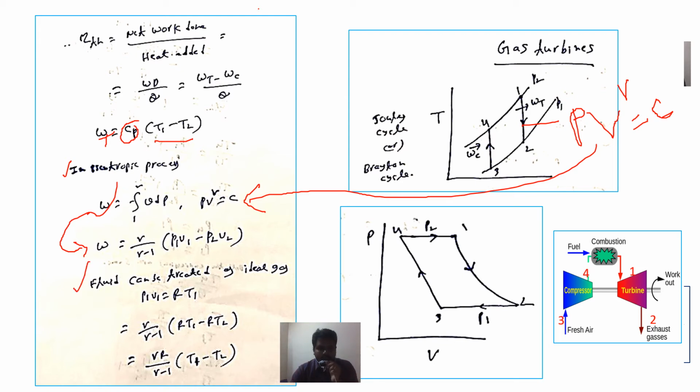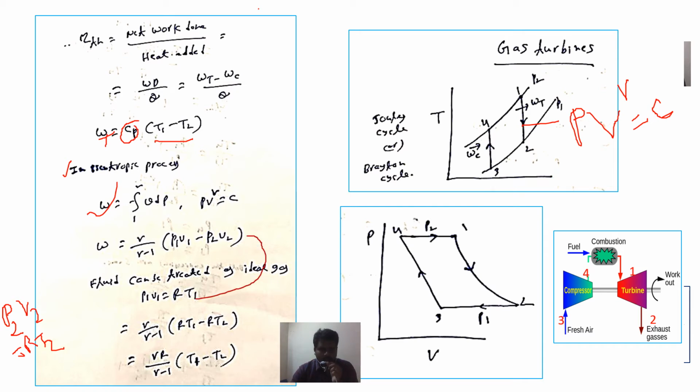The fluid can be treated as an ideal gas, so we can write P1 V1 equals RT1, and in the same way P2 V2 equals RT2. Once you substitute in the above equation, we can write gamma by gamma minus 1 into RT1 minus RT2.